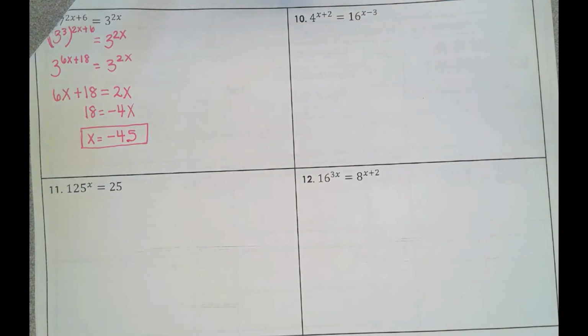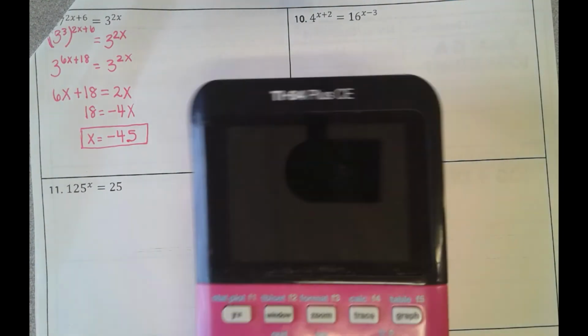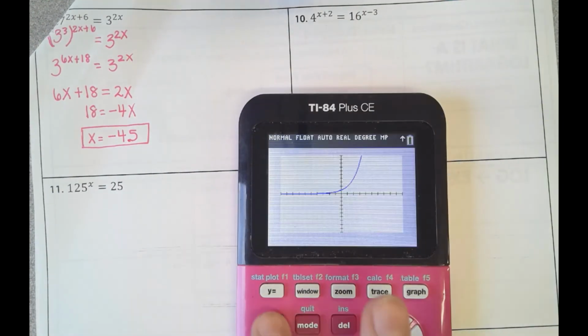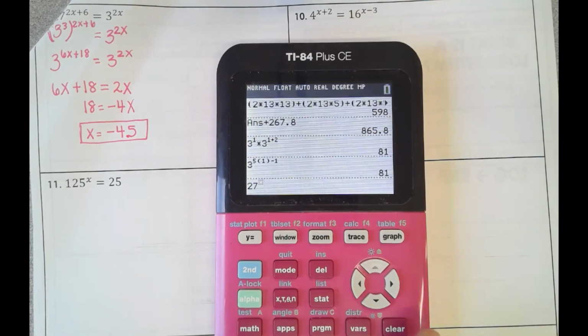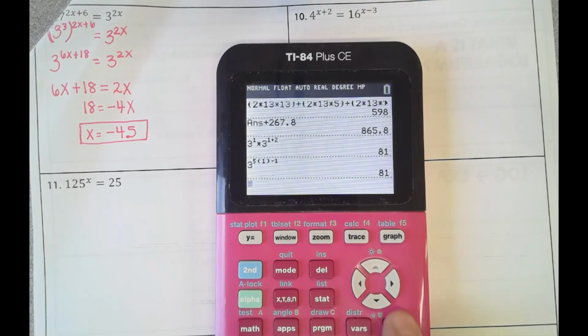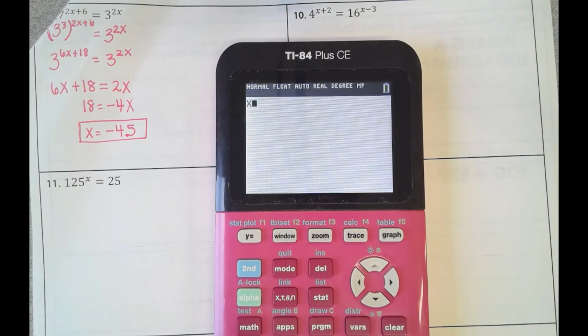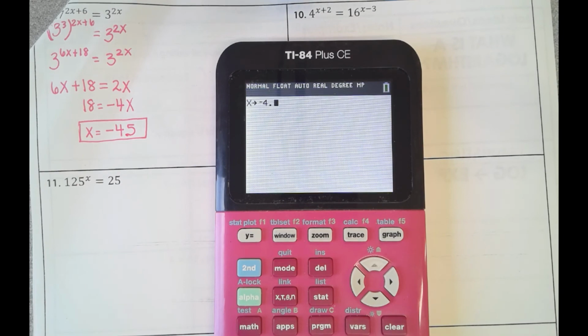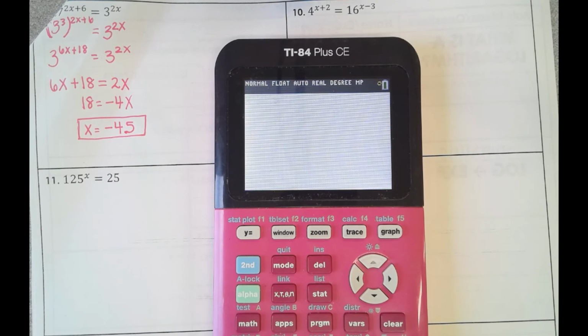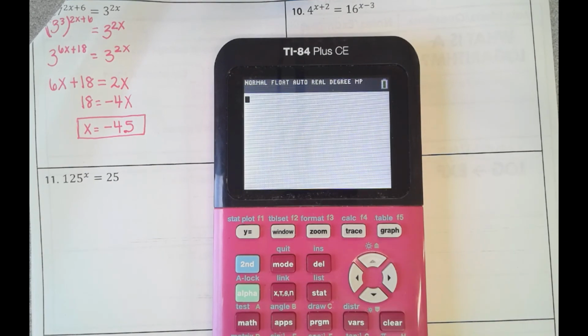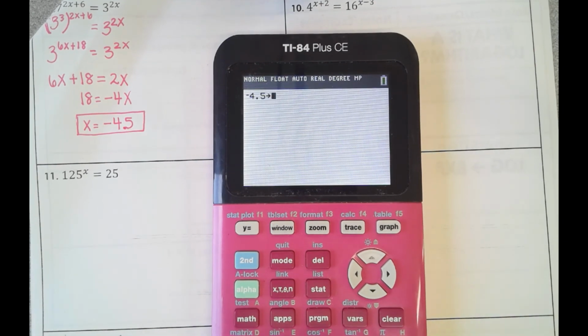Now, if you want to check your answer, if you're like, that's a decimal, I don't know if that's right, then go back to your original problem, 27, and then type in to the 2, well, actually, let's do this. Let's do x store as -4.5. Oh, -4.5 stores x.